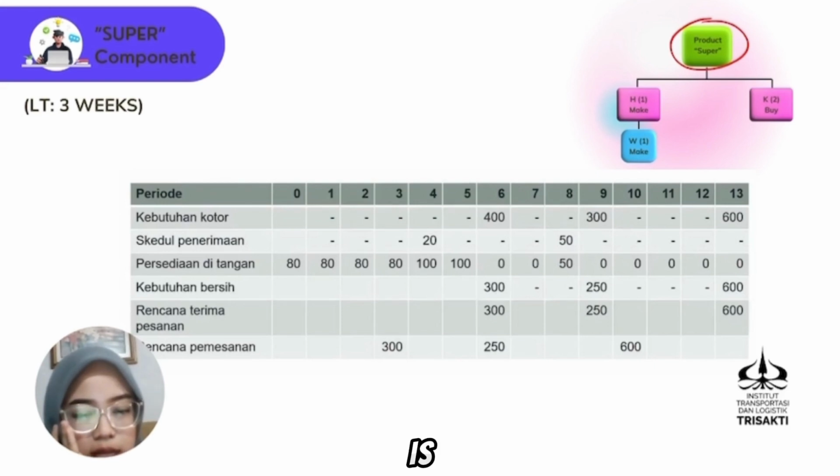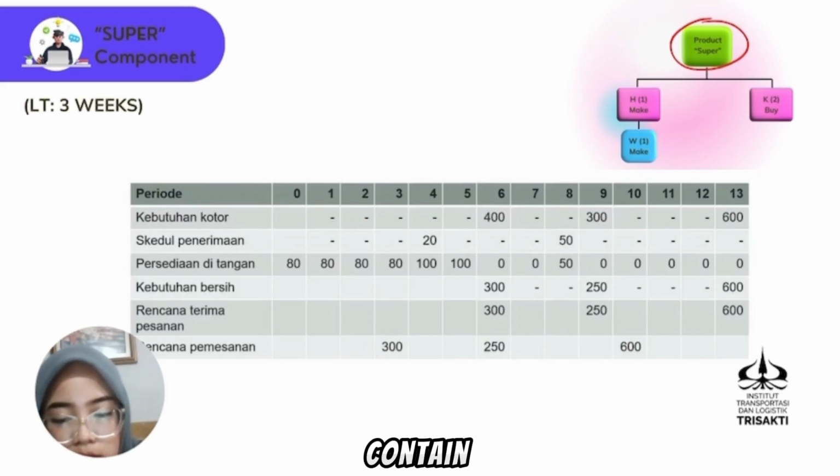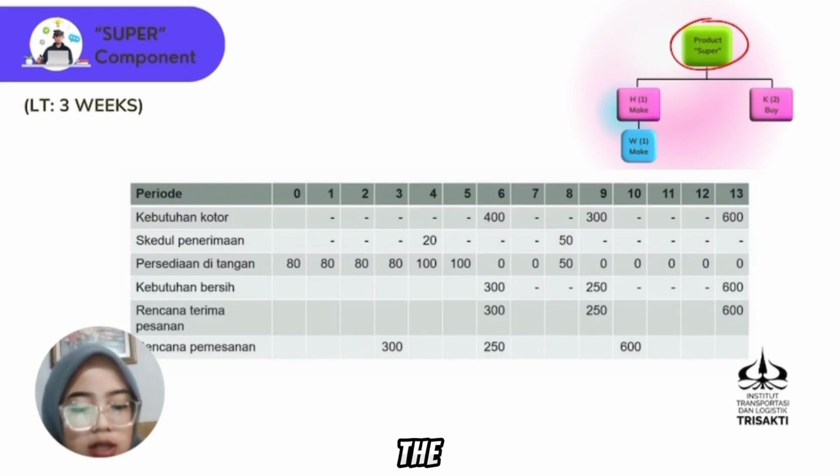Because the lead time is 3 weeks, the 300 will go into the order plan 3 weeks before week 6. In the seventh period, because the inventory on hand has been used up and there is no scheduled receipt, it is written 0.